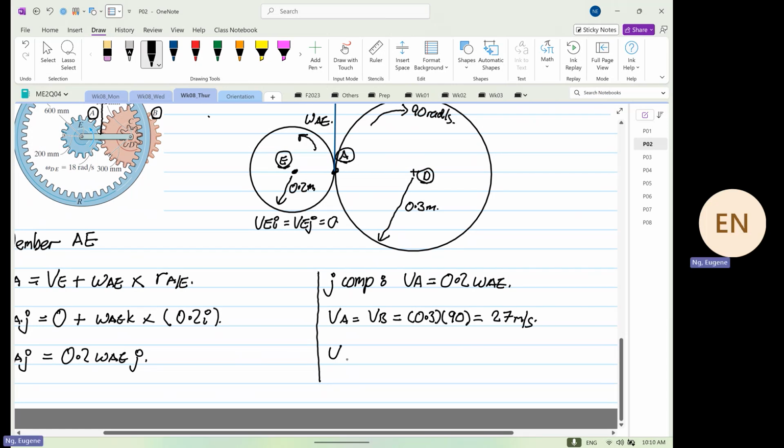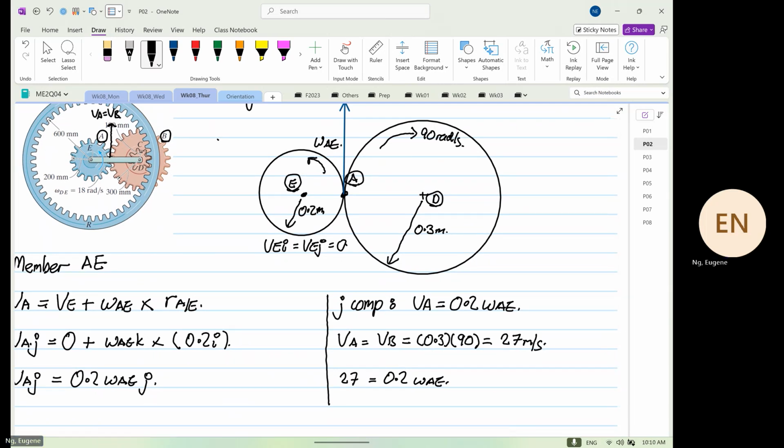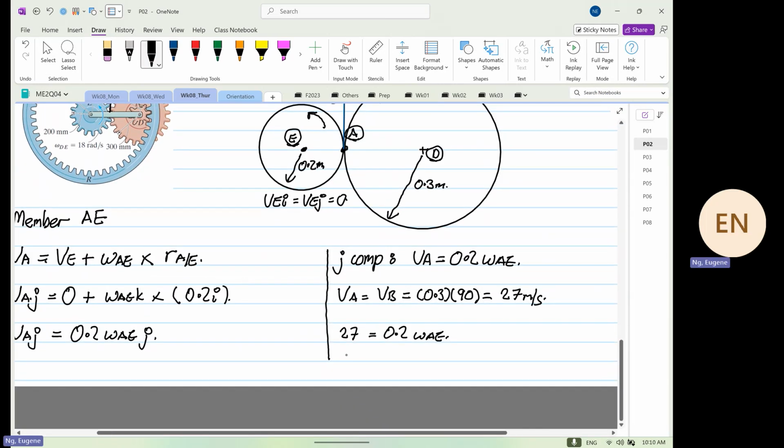So the velocity at point A is 27, which is equal to 0.2 omega AE. Let me check again, 0.3, correct. So finally, omega AE is 135 radians per second. You are right.